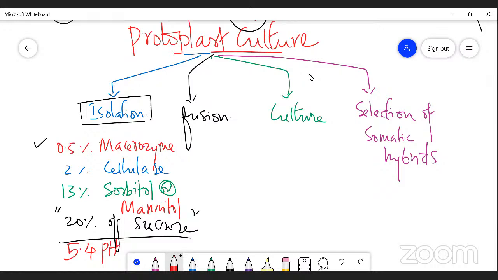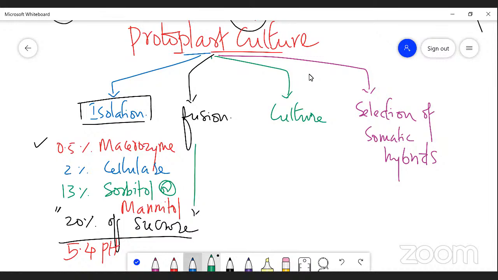So this is the step which is taken as the first step. Then the second step, what is the second step? Fusion. Actually, isolated protoplasts are fused or joined together by an agent that is called a fusogenic agent or fusogen.